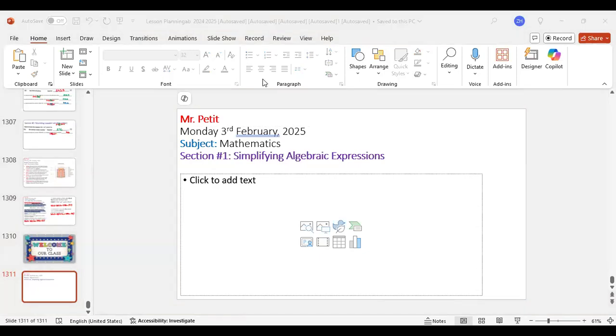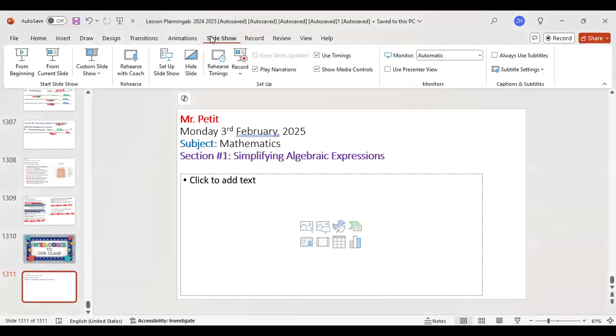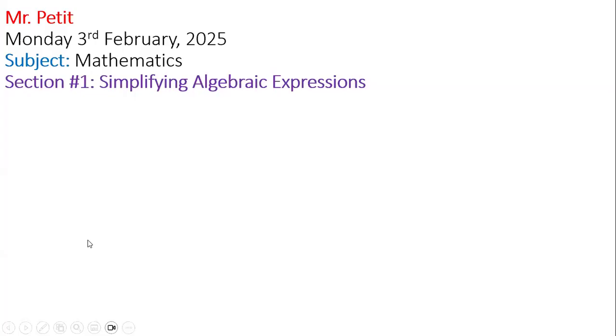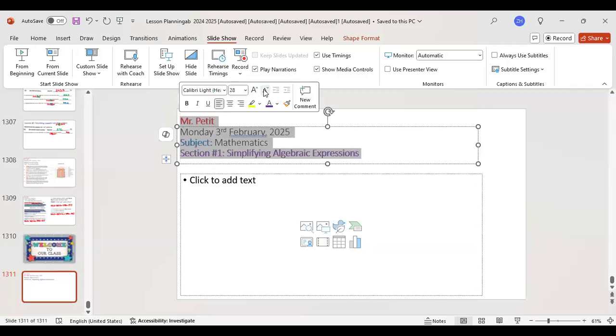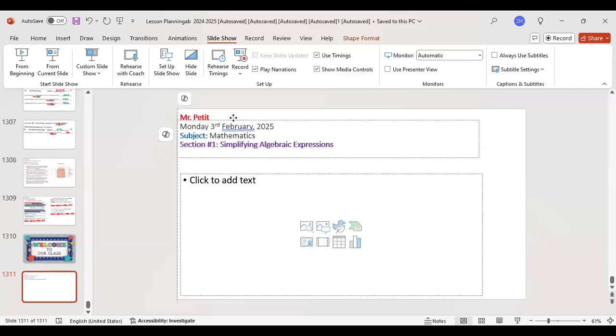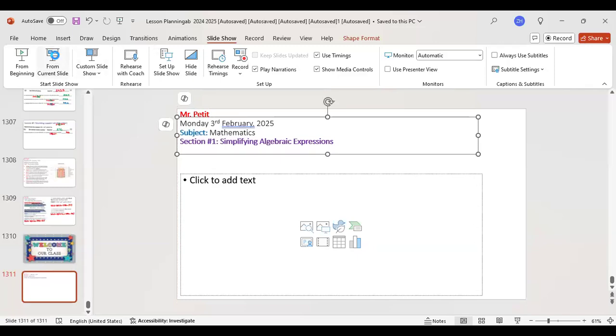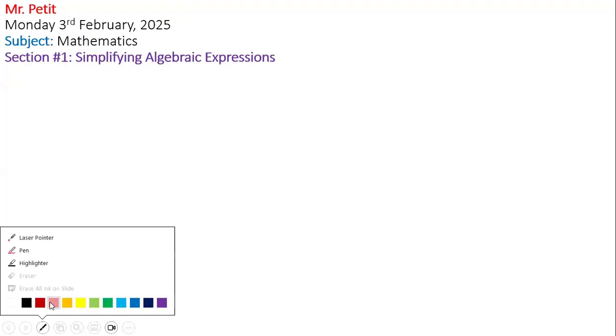The first one I want to look at is this one. So this is number 1.